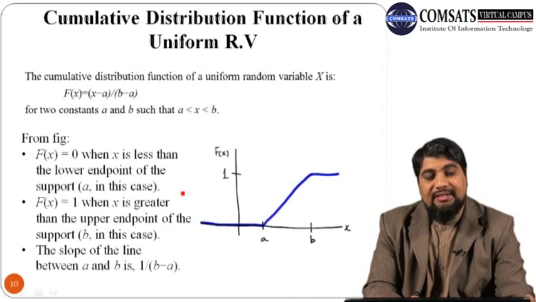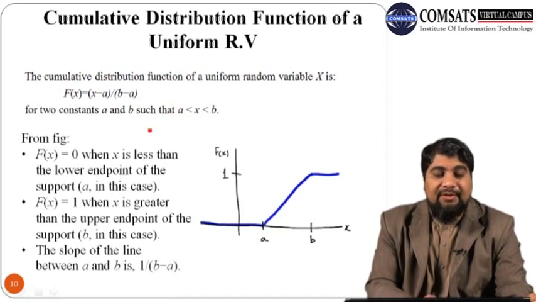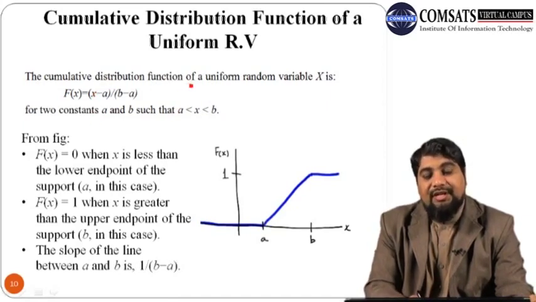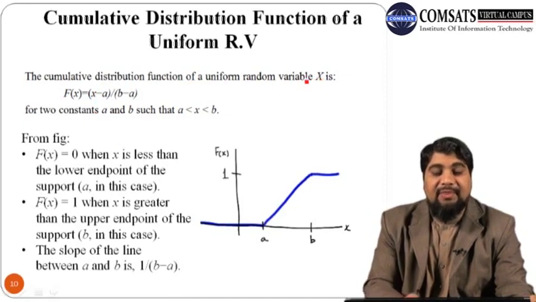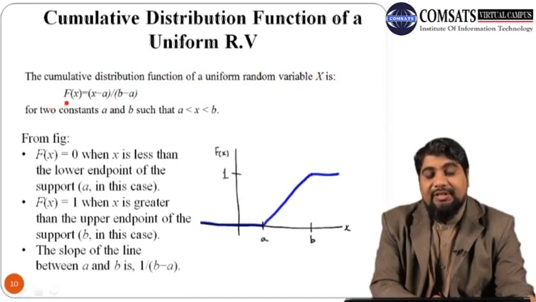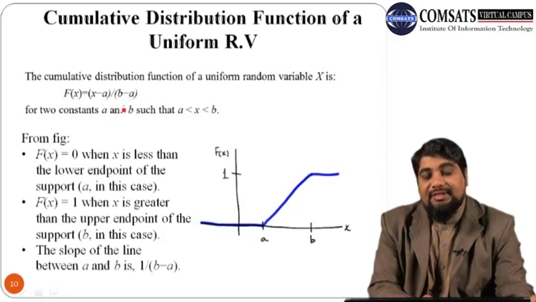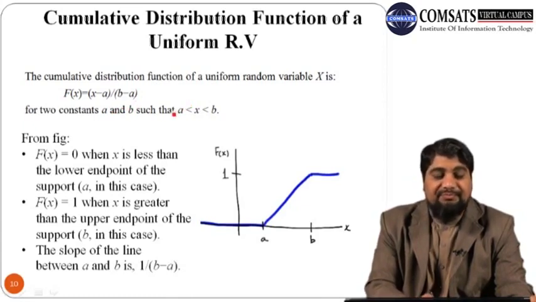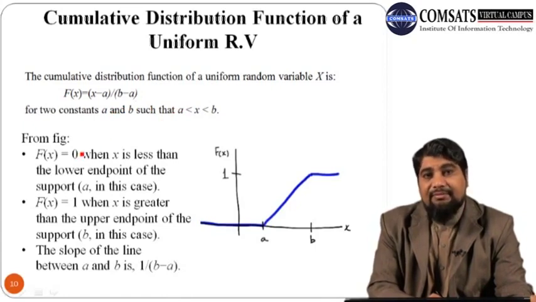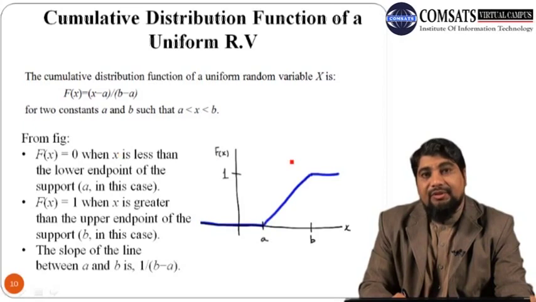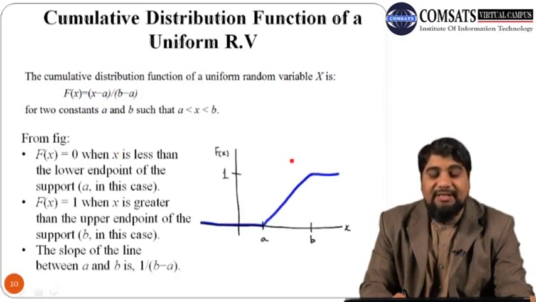Now let us discuss the cumulative distribution function of a uniform random variable. The cumulative distribution function of a uniform random variable x is usually denoted by capital F of x, and it is equal to x minus a, whole divided by b minus a, where a and b are any two constants such that a is less than b. Here I have drawn a figure showing the cumulative distribution function of random variable x.